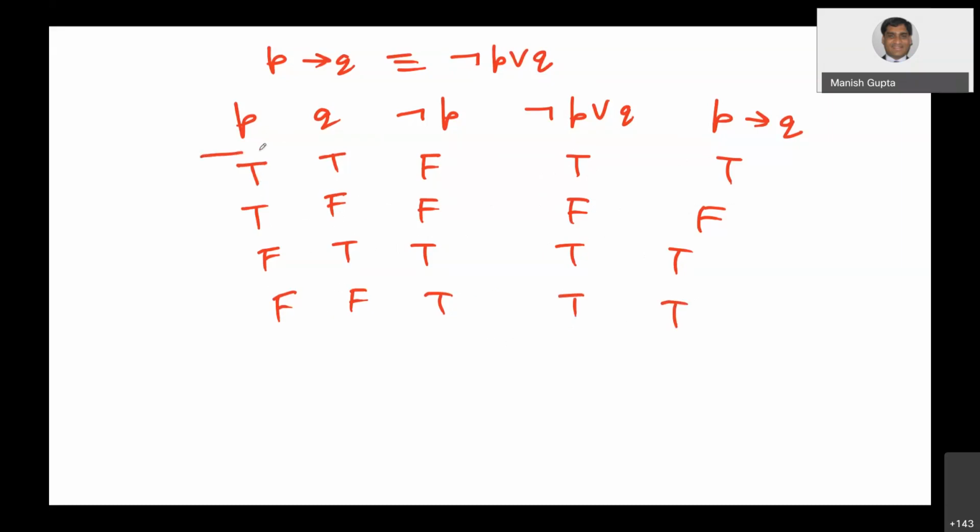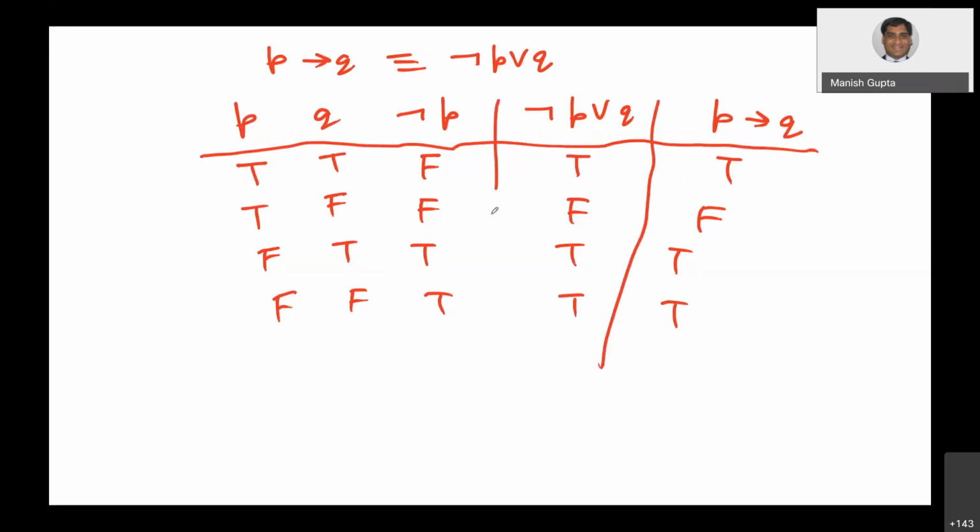So essentially, we can see that this and this are matching. So they are logically equivalent because their truth values are the same. Okay.